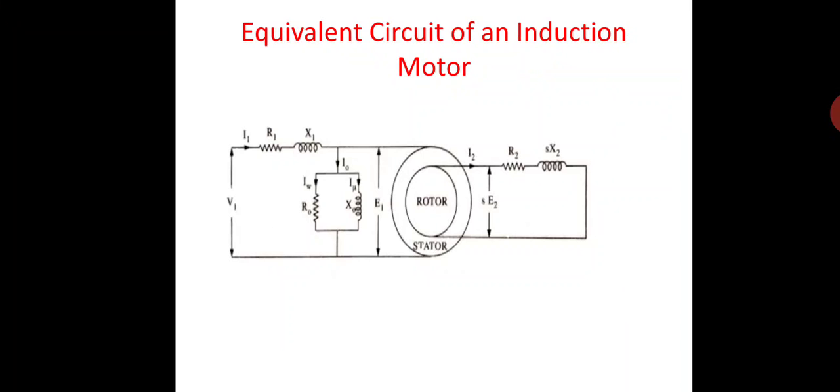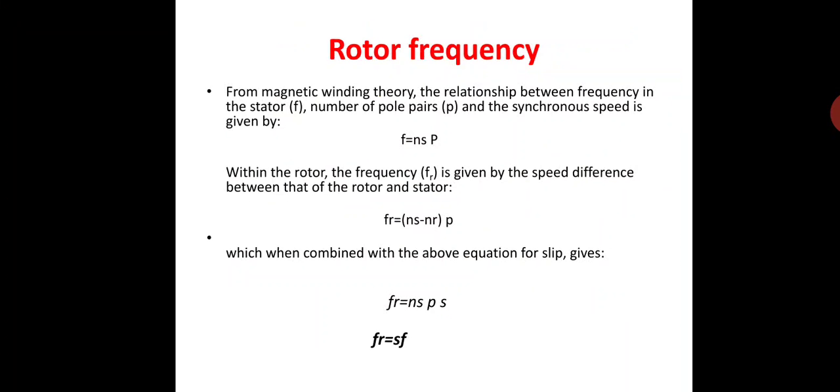The induced EMF in the rotor coil is affected by the slip value, because all the factors depend on the frequency. We have already discussed that the rotor frequency is equal to S times F. So all the factors related to the frequency are affected by the slip value, because the rotor frequency is equal to slip times the supply frequency.